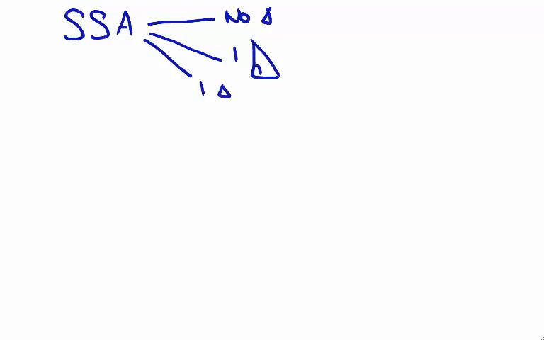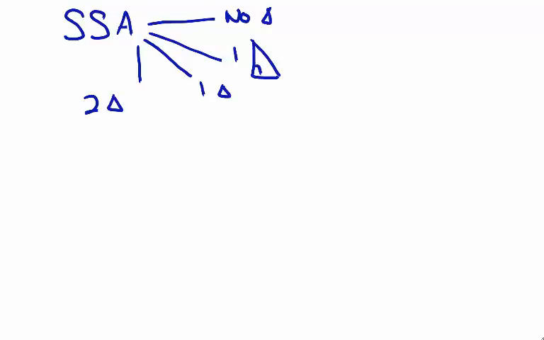In an SSA triangle, there are several possibilities. There may be no triangle. There may be one right triangle. There may be one triangle of another type. Or there may be two triangles.